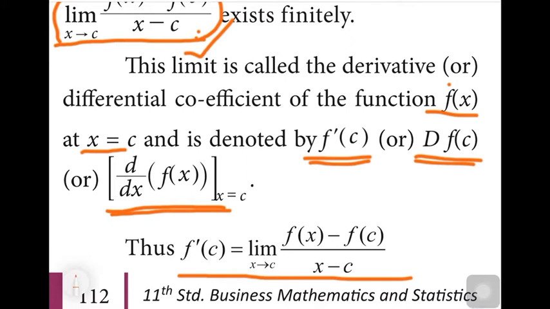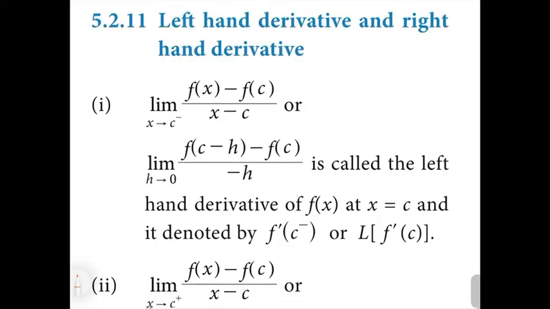That is the derivative. Now the left hand derivative and right hand derivative. Limit h tends to 0, f of c minus h minus f of c divided by minus h is called the left hand derivative.